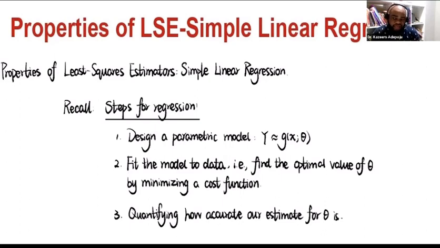The only way I can tell if it has a minimal variance is to have a derivation of the expression for the variance. And I can also investigate the consistency, which is to see whether, as sample size increases, the variance of the estimator converges to zero. That's what we mean by consistency.